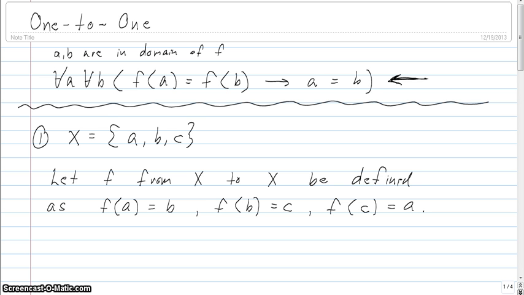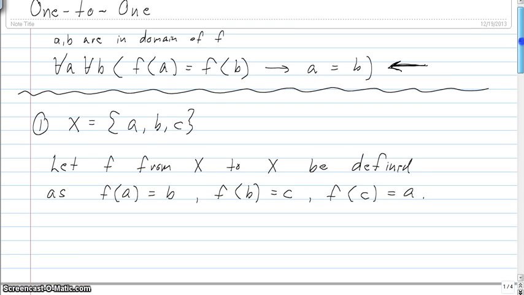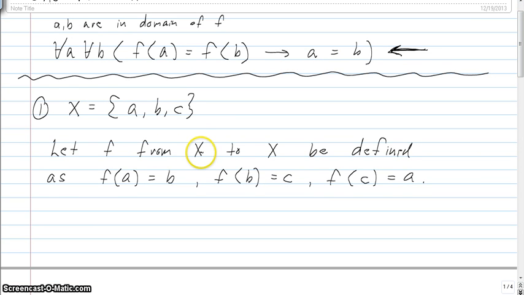If we get the same y value, then that implies that the x values must be the same.